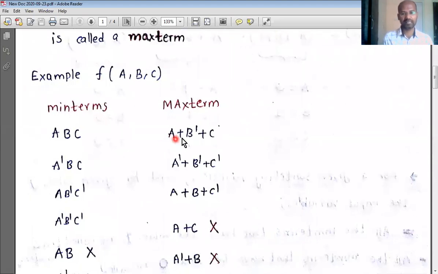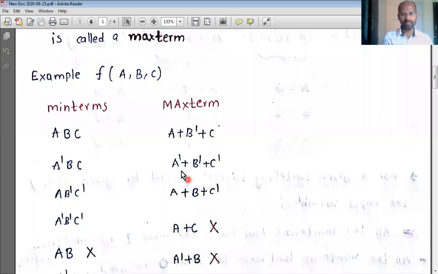Now consider this, A plus B bar plus C. Is it a sum term or product term? It is a sum term, right? Does it have all the literals? Yes. A is in uncomplemented form, B is in complemented form, C is in uncomplemented form. So it has all the literals and it is a sum term. So it is a max term.